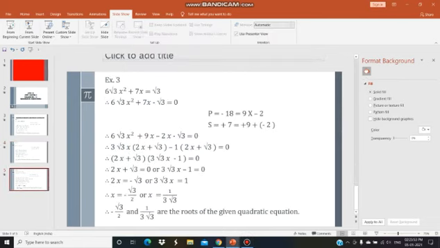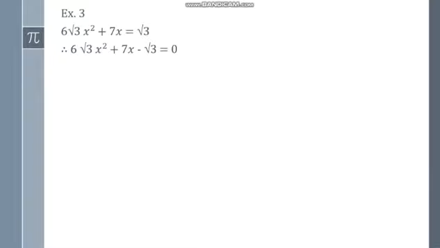So now we will see one more example, example number 3. The sum is 6√3x² + 7x = √3. I already said it should be in standard form. So what do we get? Therefore 6√3x² + 7x − √3 = 0, as √3 comes to the left side as minus.